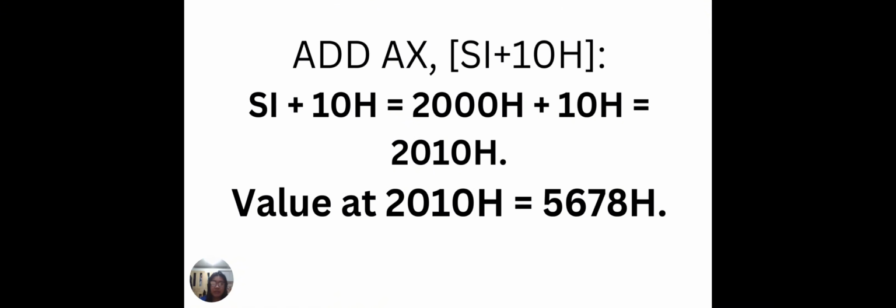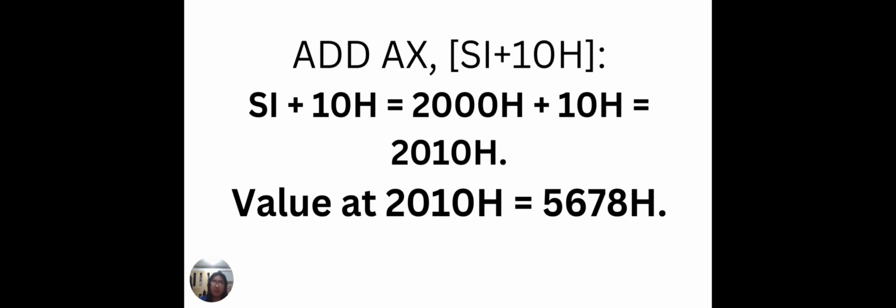The next code is MOV SI, 2000H. So here, we already have a value for SI, which is 2000H. The SI register will be set to the value of 2000H. The next code is ADD AX, [SI + 10H].